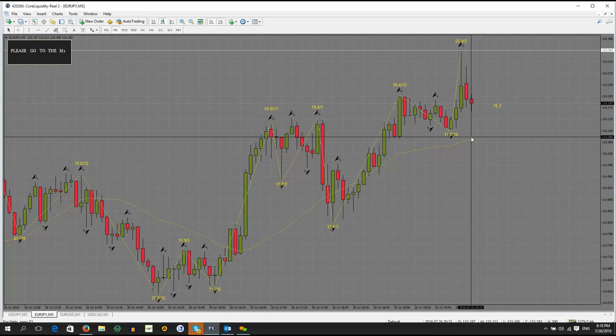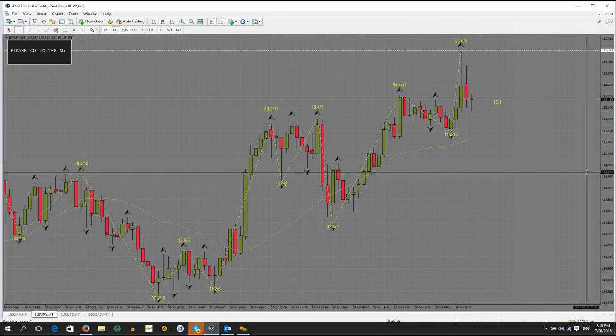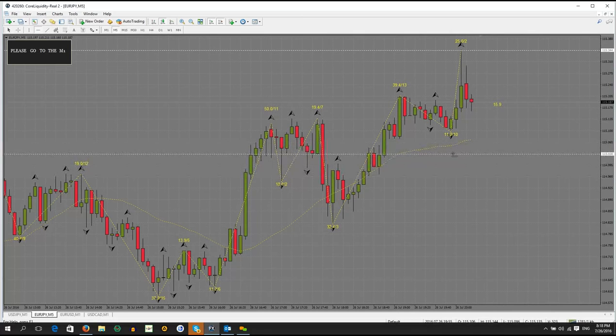So the most important thing for us is to find the level that worked in previous time. Okay, so we find that resistance where the price touches the maximum level.